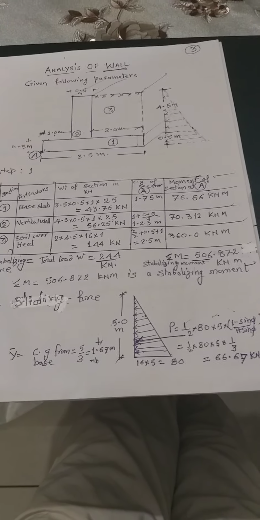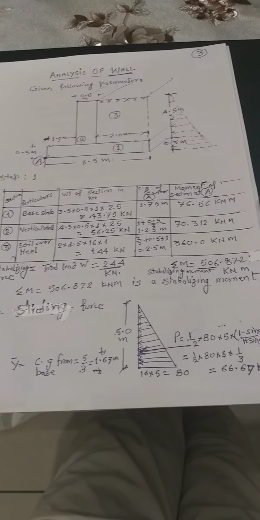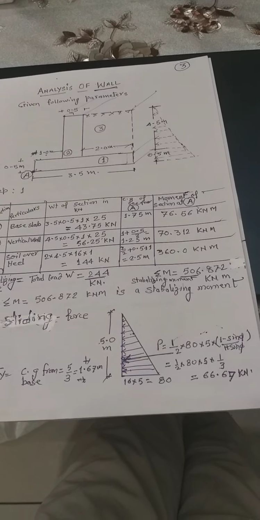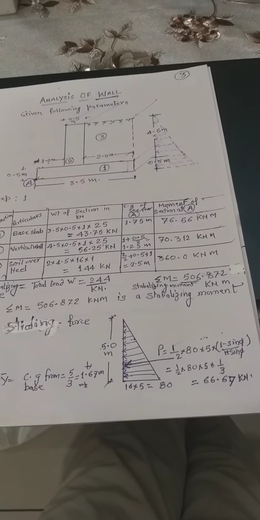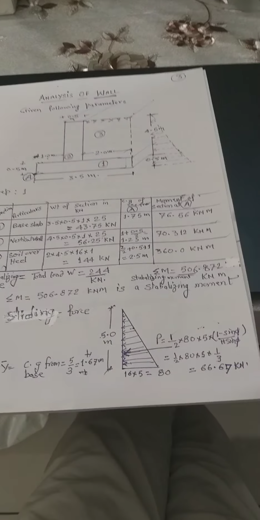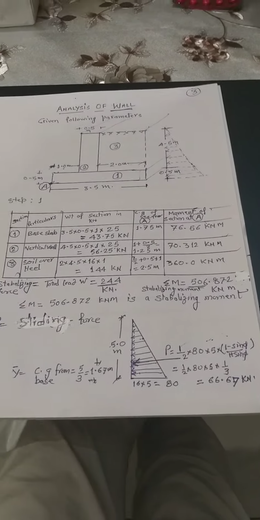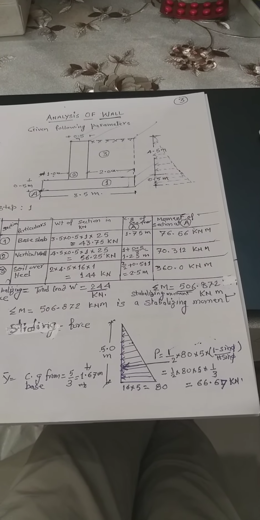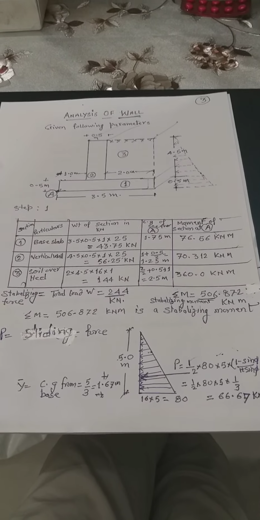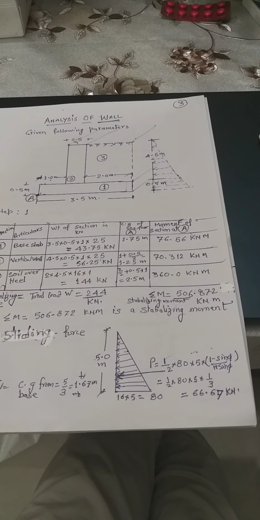Now the total force is nothing but the area of this triangle, equal to half, base is 80, multiplied by height 5, multiplied by the horizontal component of the active pressure which is taken as 1 minus sine of phi upon 1 plus sine of phi. Considering phi at 30 degree, 1 minus sine of phi upon 1 plus sine of phi comes out to be 1 by 3.